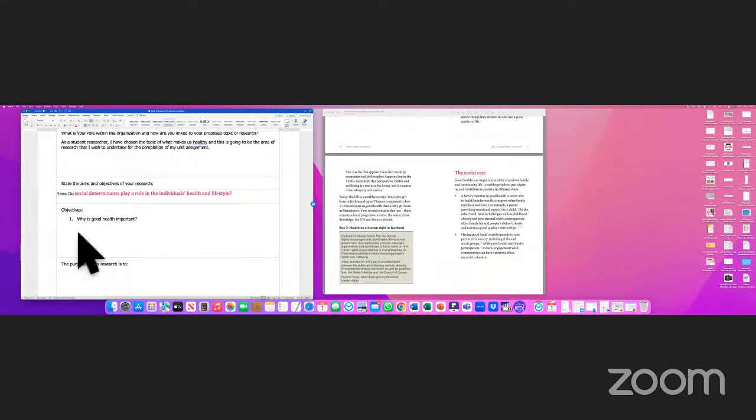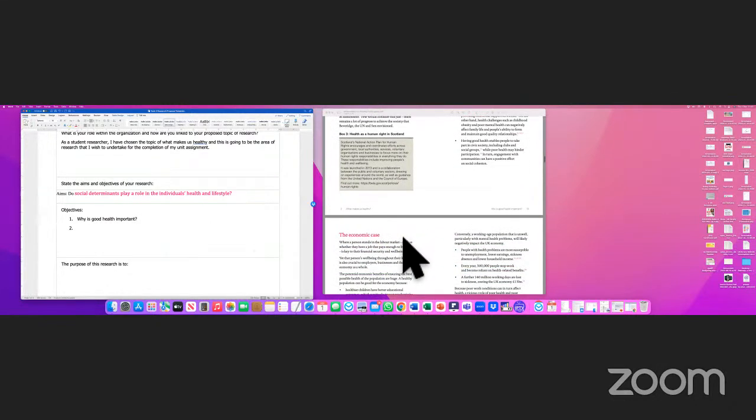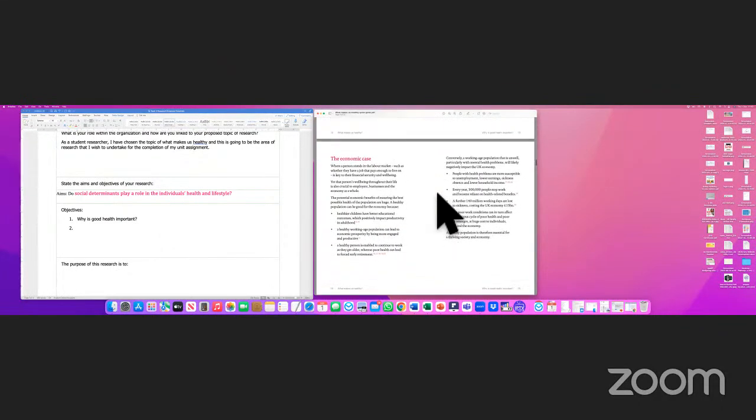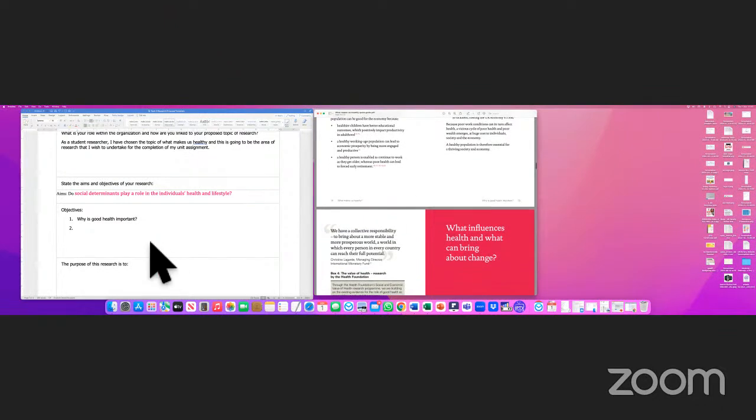Now, because we are doing research at level 3, I would not recommend putting more than 2 objectives for your research report. Even if the report that you've downloaded has more objectives, you don't need to choose more than 2.